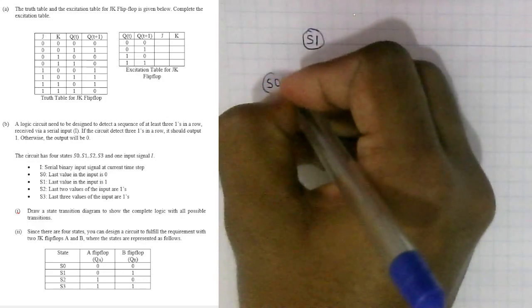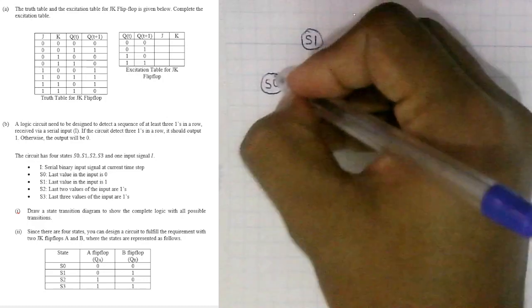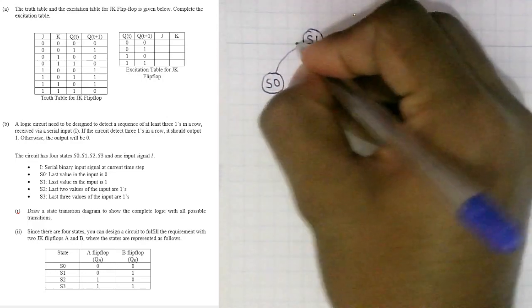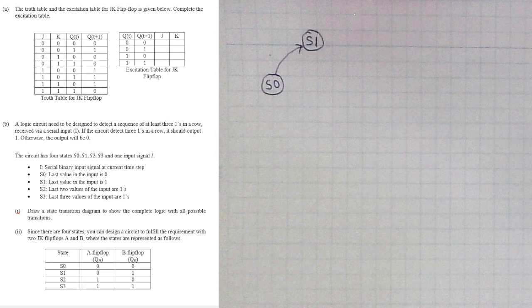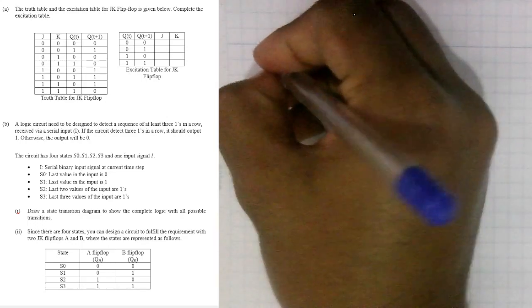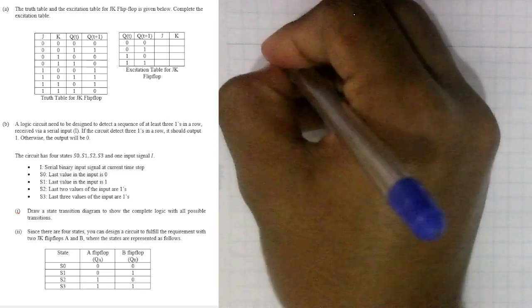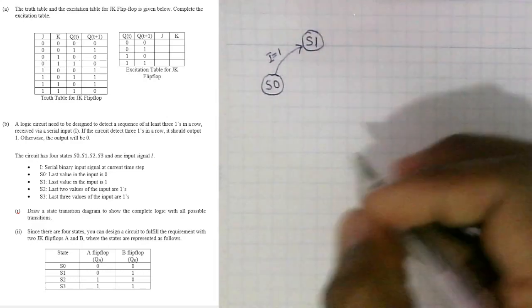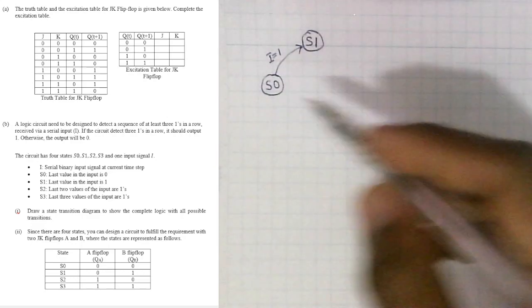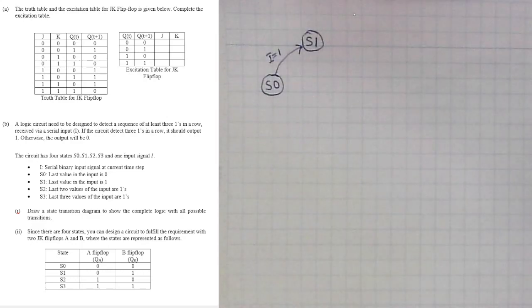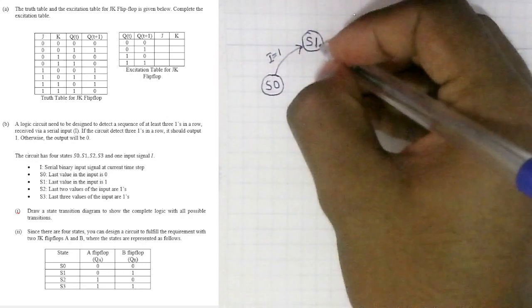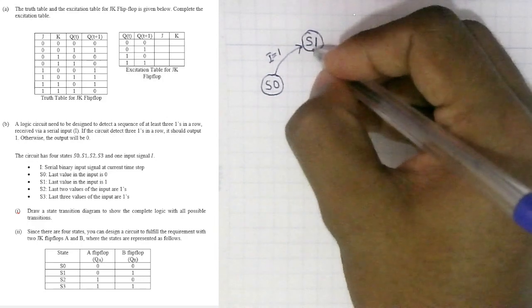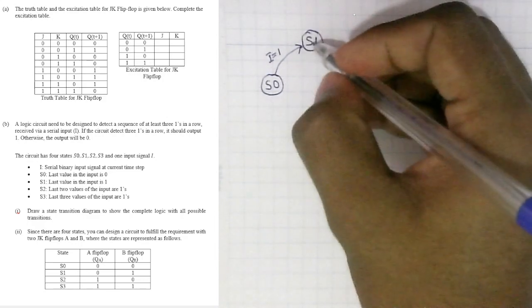So think for yourself. If the input is 1, I can write I equals 1, or I can just say 1 itself because I don't have to mention it if it is only a single variable. So here we have 1, and it transitions because there is 1.